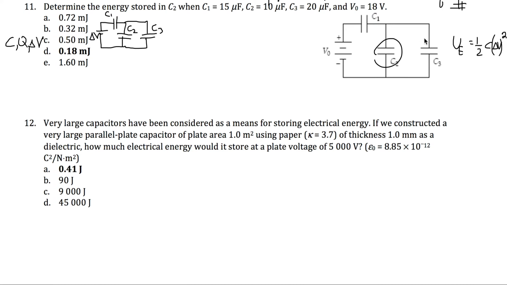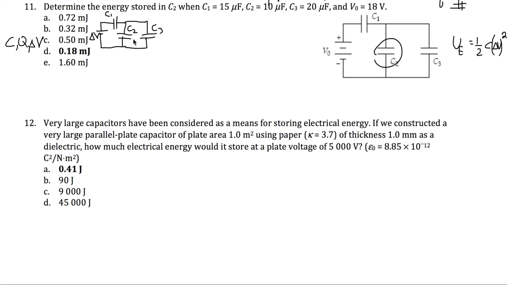And that's it. But please don't do that, because this delta V does not apply to C2. So the only way to do this is to simplify the circuit and then work backwards.